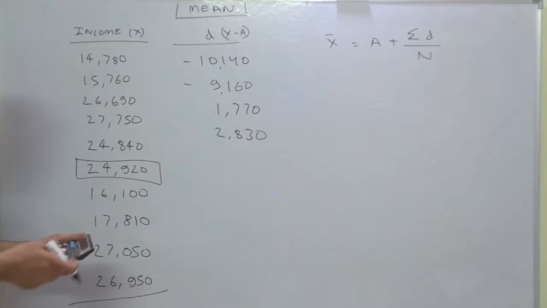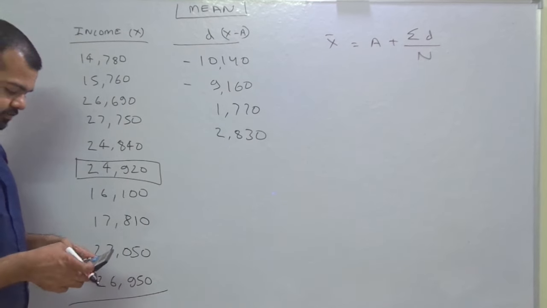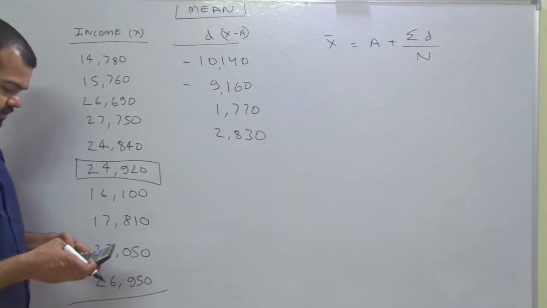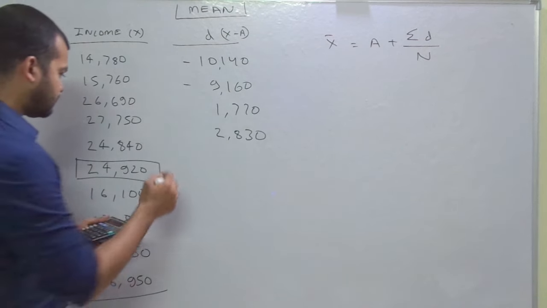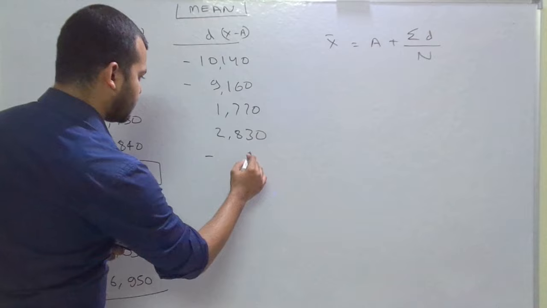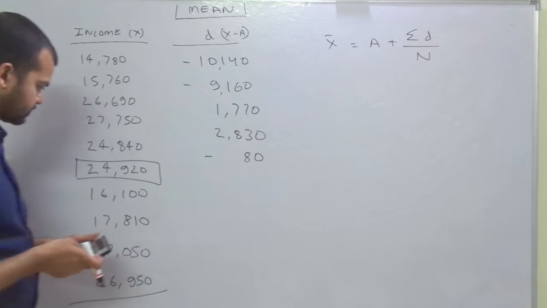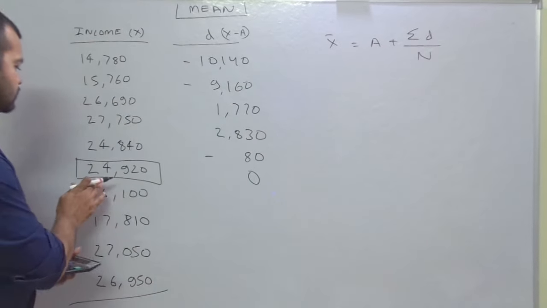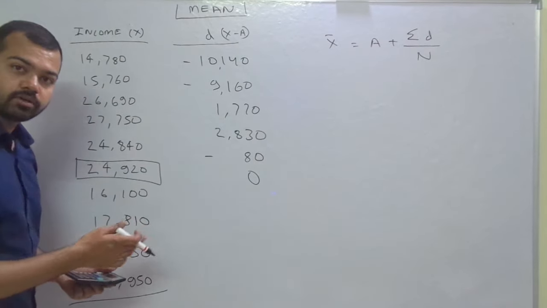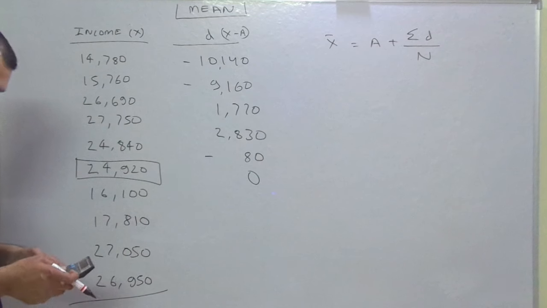Then 24840 minus 24920, so the figure is minus 80. Now this one is the same, so it is 0, because 24920 minus 24920 comes out as 0.